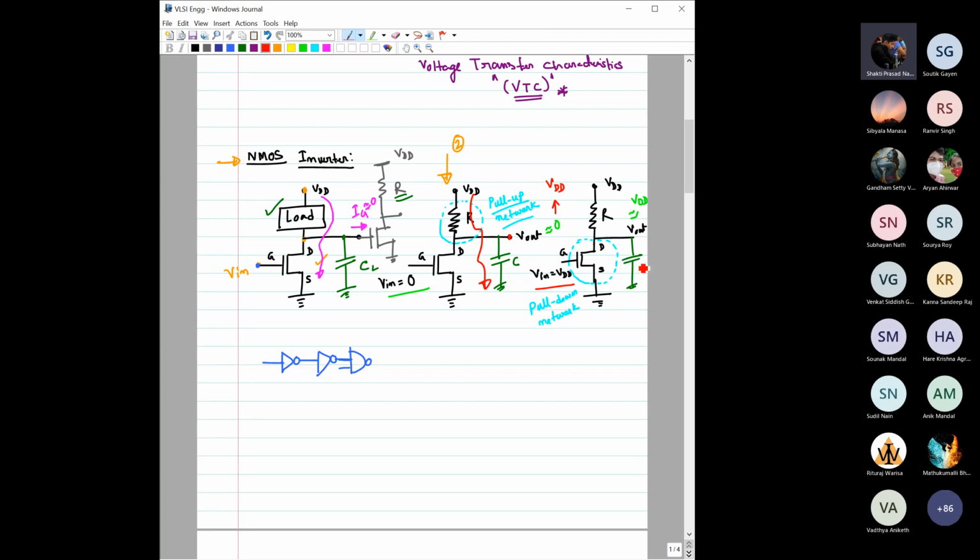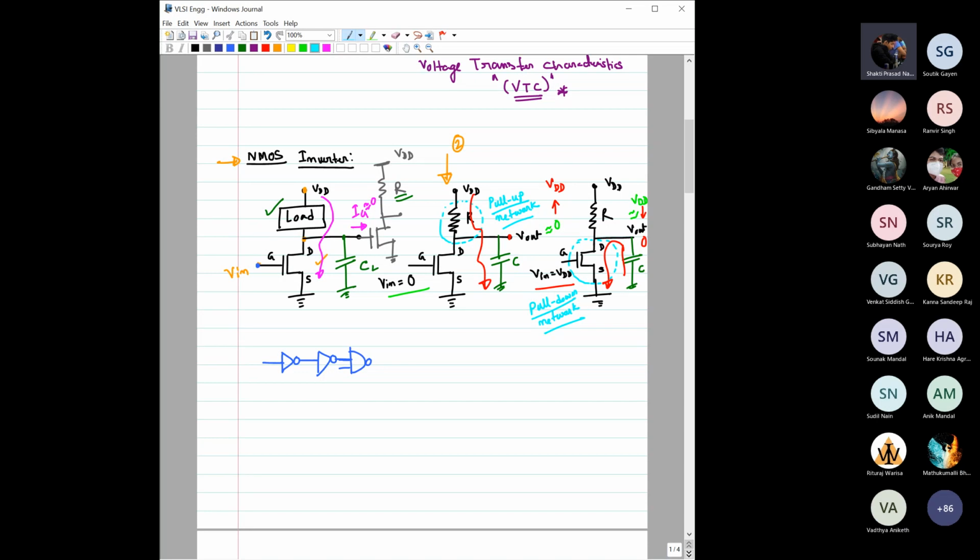The charge stored in this capacitor will now flow back to the ground through this MOSFET, so this capacitor gets discharged through this MOSFET. As a result, the output potential, which was earlier VDD, will drop from VDD to 0 volt. So this particular part is called the pull down network.